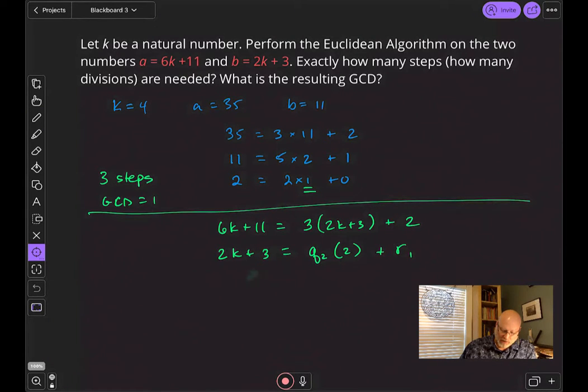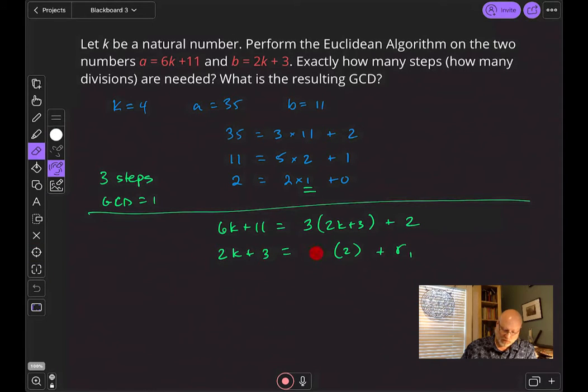Since I have a k over here, my q2 is going to have a k in it, so that when I multiply these two together, I can get an expression that has 2k in it. 2 times k will be 2k, so that seems reasonable.